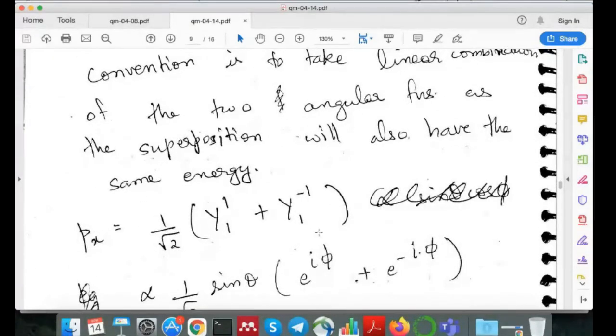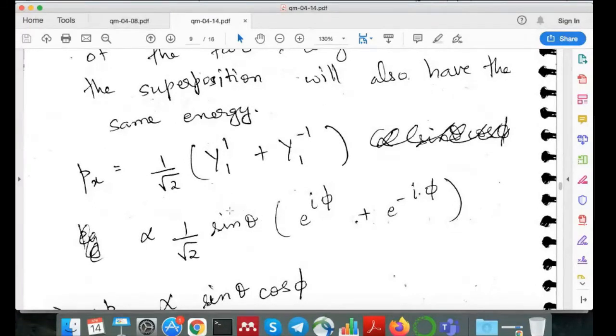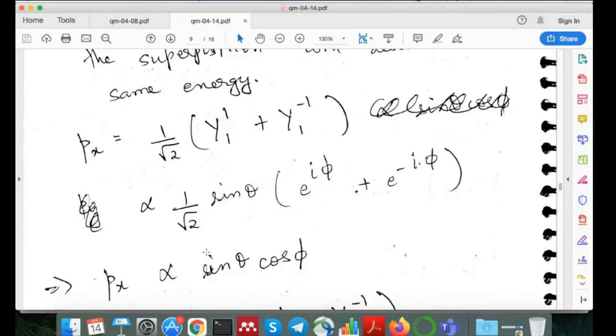Let's see what happens if we add them up. We take 1 by root 2 times, this is just your normalizing factor, Y11 plus Y1 minus 1. This is proportional to, now we know what Y11 and the rest are. Y11 is sine theta into e power i phi. Y1 minus 1 is sine theta into e power minus i phi. We can simplify here, and e power i phi plus e power minus i phi is proportional to cos phi. So this linear combination gives us sine theta cos phi.